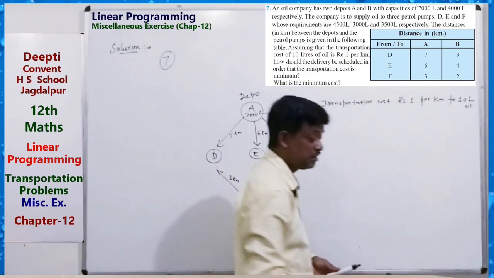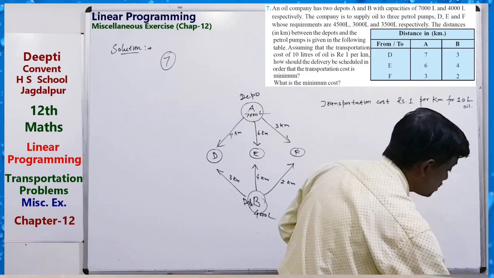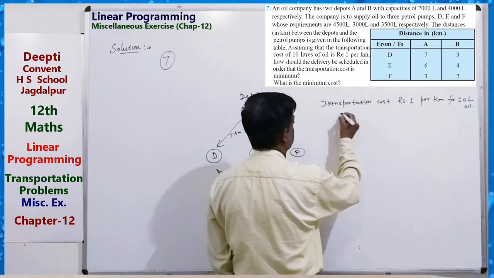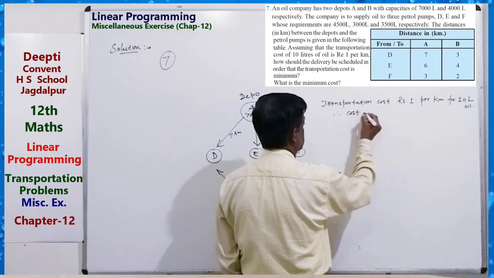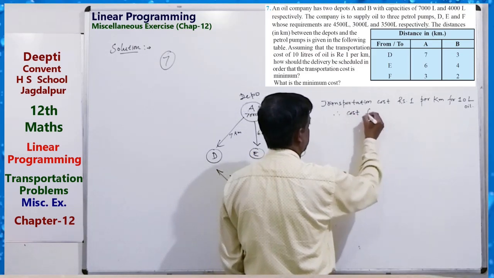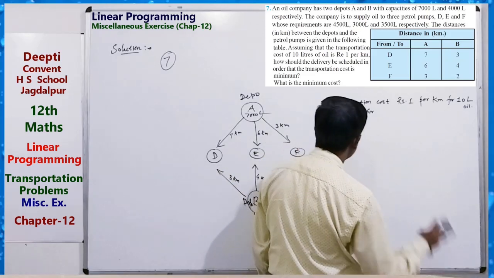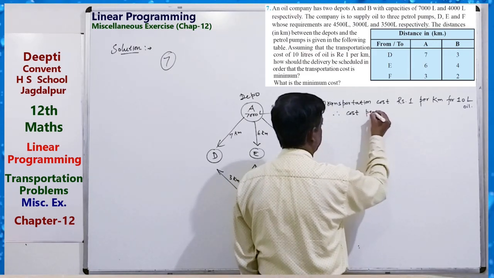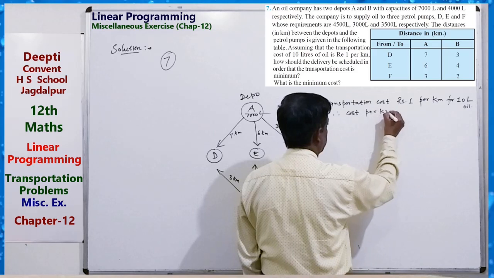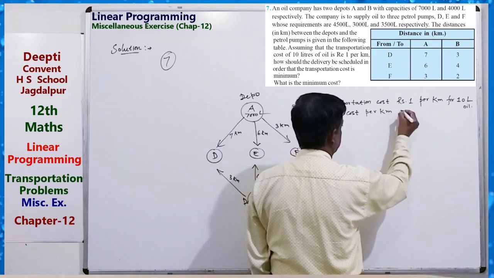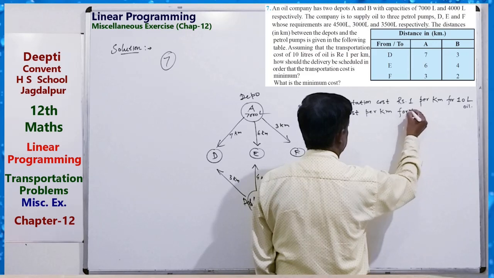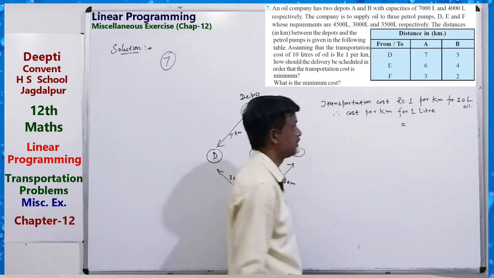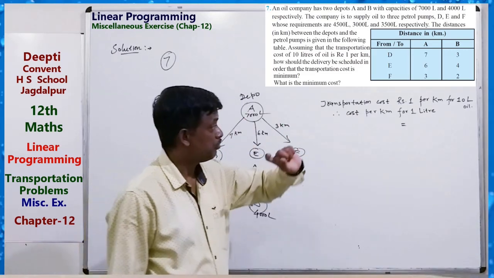So the cost per kilometer for 1 liter is equal to 1 rupee per kilometer for 10 liters.